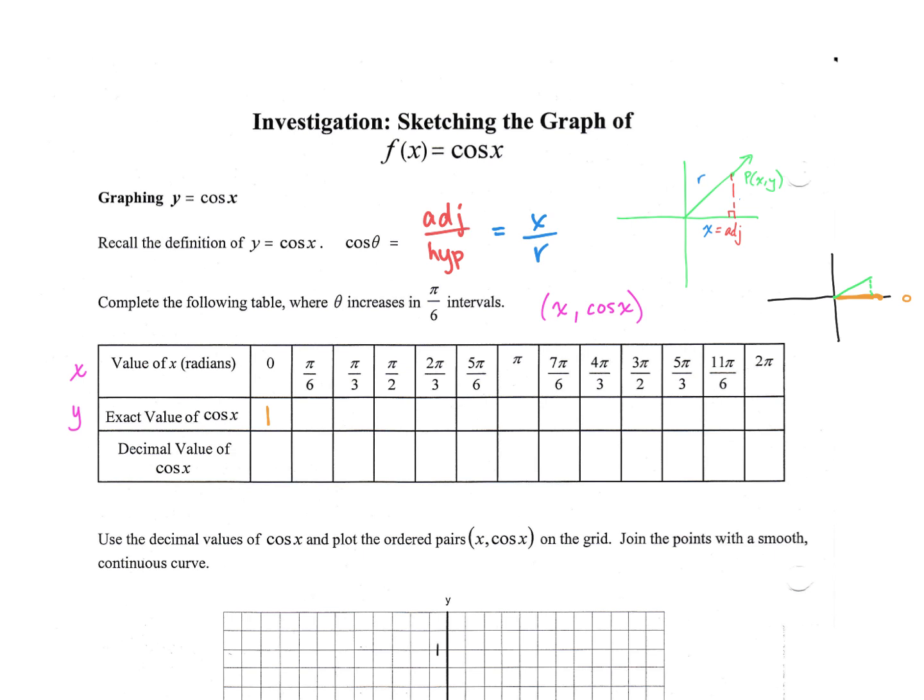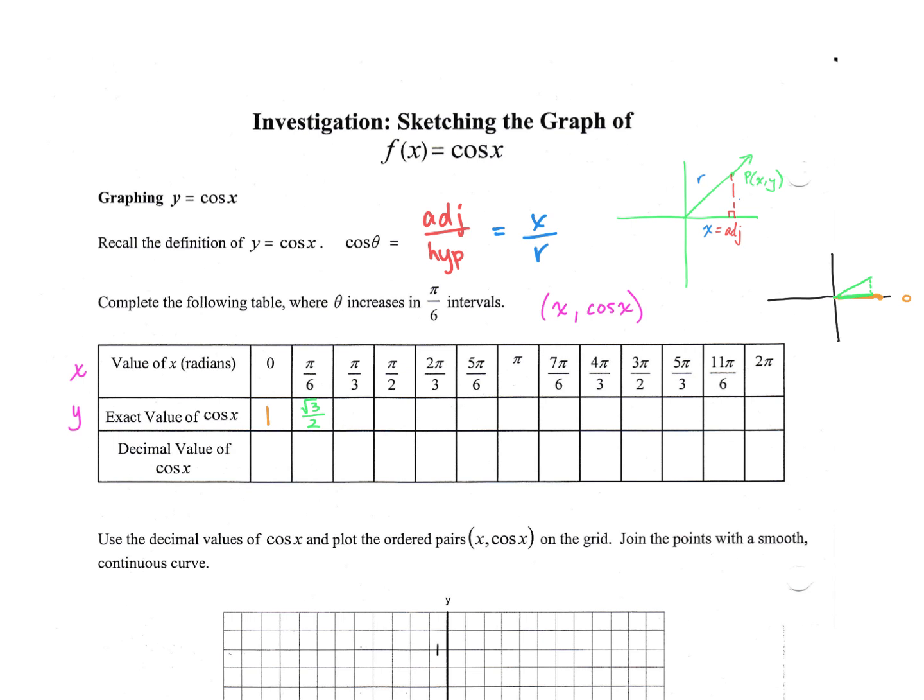I should notice that my adjacent side is smaller than what it was there in orange, right? As I rotate, that adjacent side is getting smaller. So my adjacent side at pi by 6 is root 3 over 2.